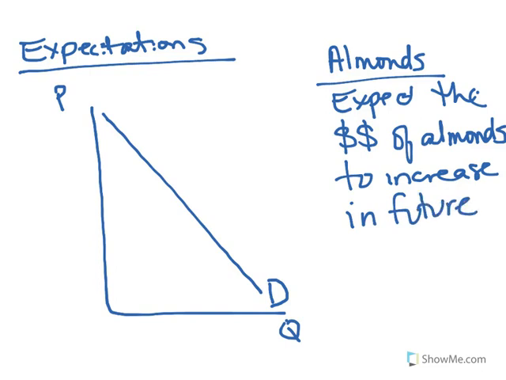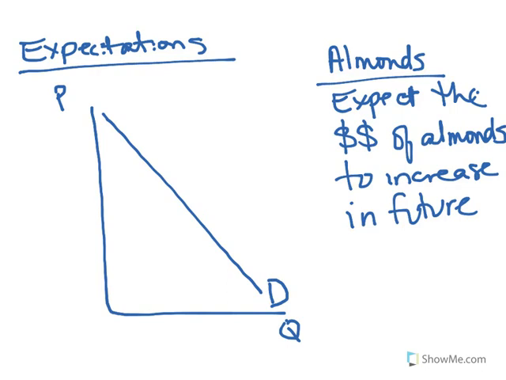Right? So I normally buy almonds, and now I just hear this report that because of the drought, they think that the price of California almonds is now going to increase. Well, what does that do to my demand today? Will that alter my demand for almonds today because of the expected price increase?